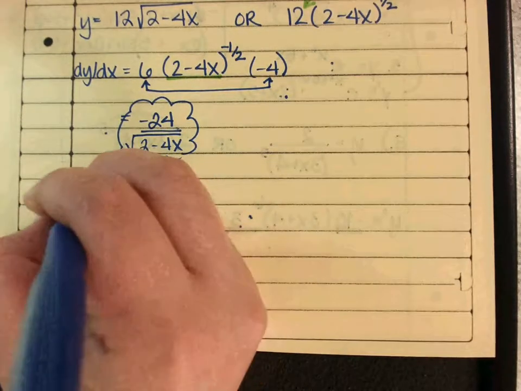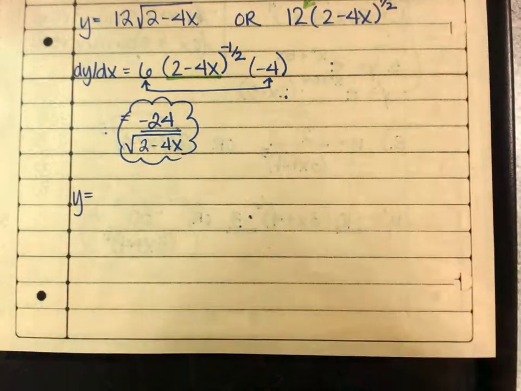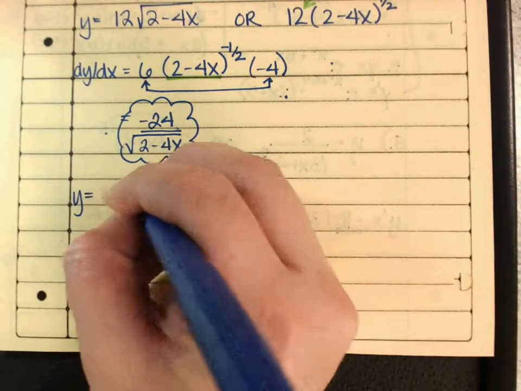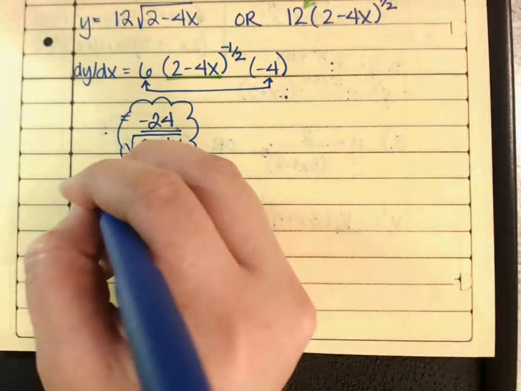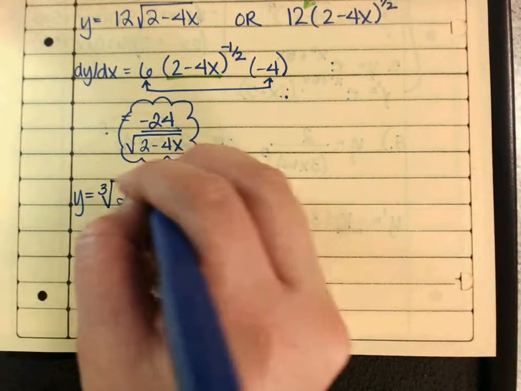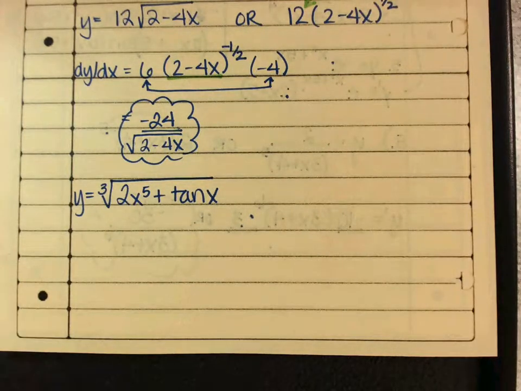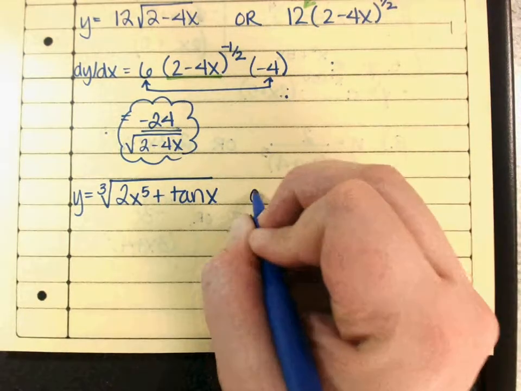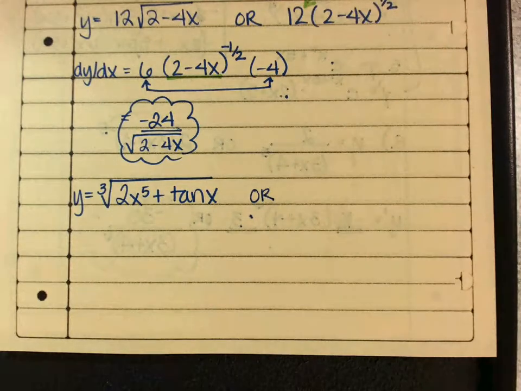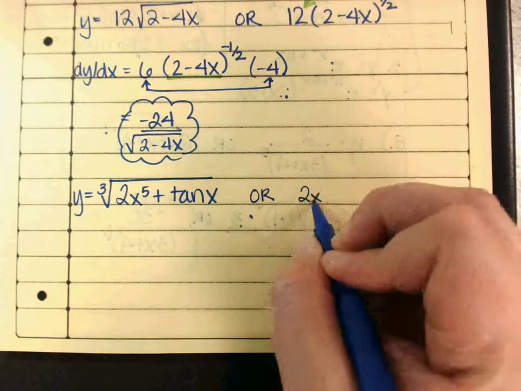Okay, y equals 2x to the 5th plus tan x cube rooted. Okay, rewrite it for me. 2x to the 5th plus tan x.